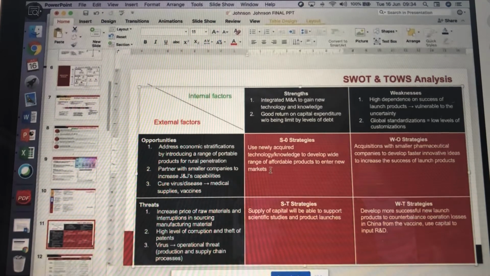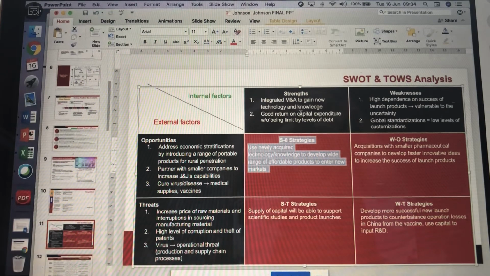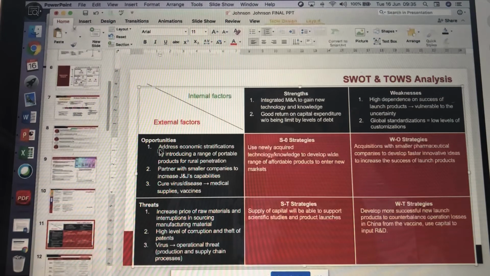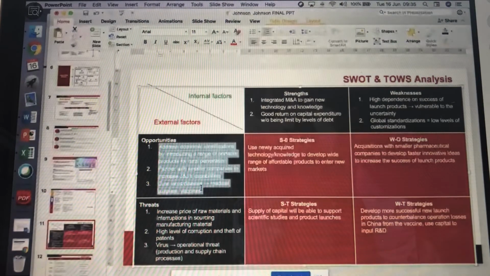Okay, which strengths listed here, which are internal, which you have, can you use in order to grab some of the opportunities which are available to you.